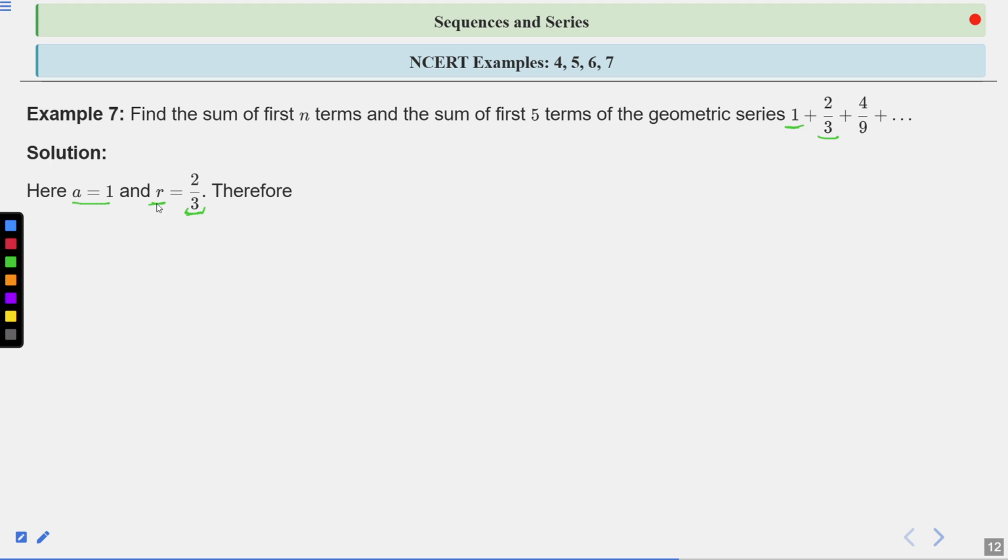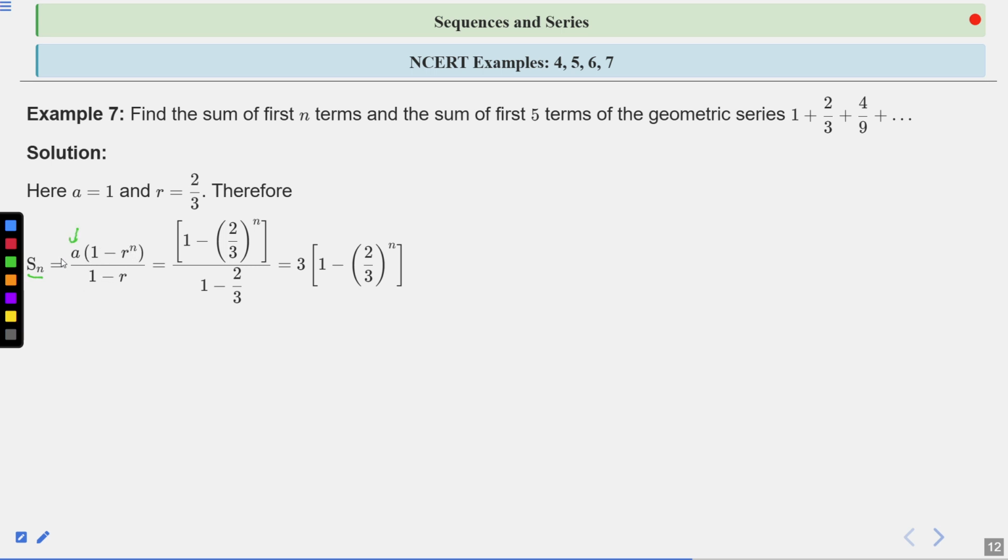Now we are having A and R. We have also derived formula for sum of first n terms. Just use that. So using the formula, sum of first n terms Sn is equal to A times 1 minus R raised to power n divided by 1 minus R.